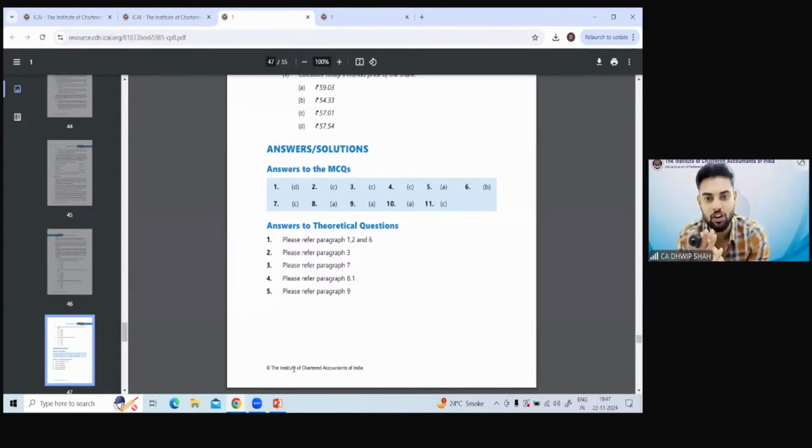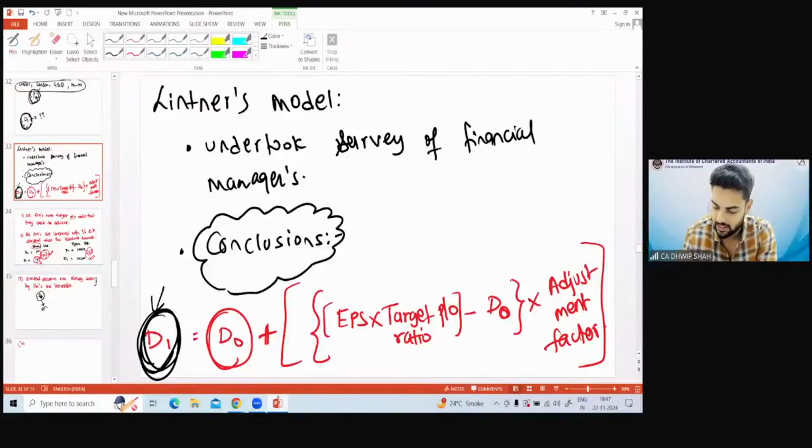It is not based on any logic or scientific methods, but I feel that it is based on the willingness of financial manager to accept that change. Question 7, answer is C.